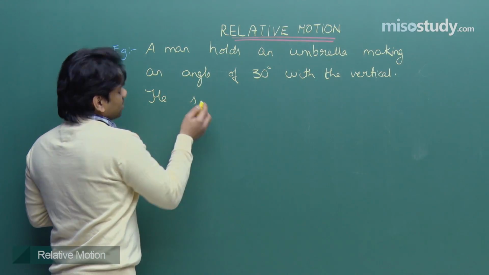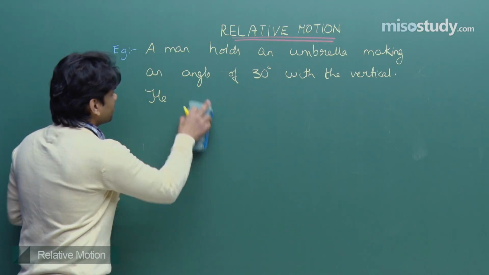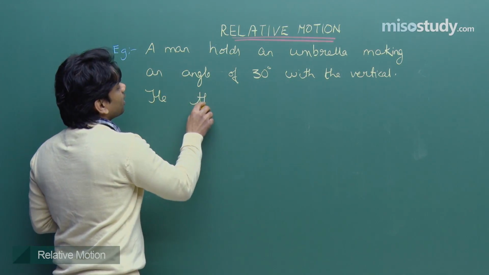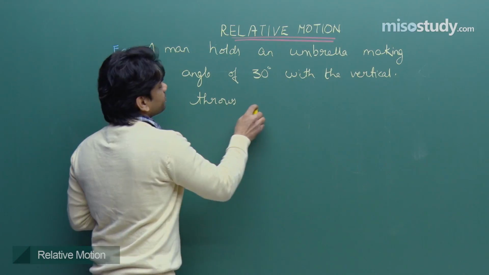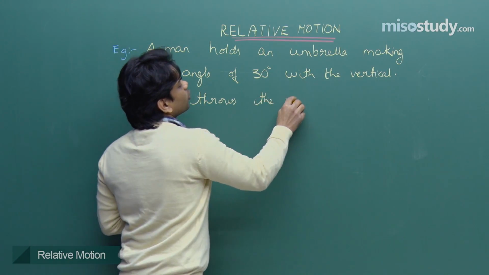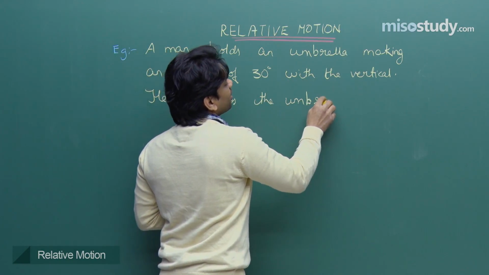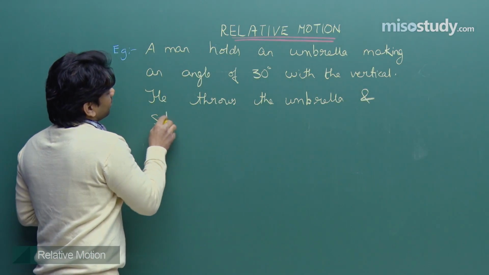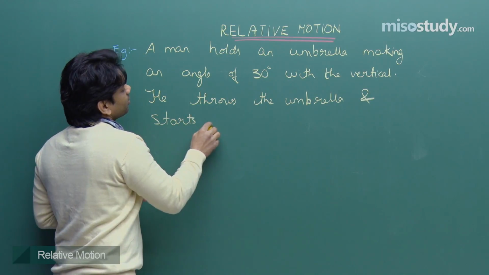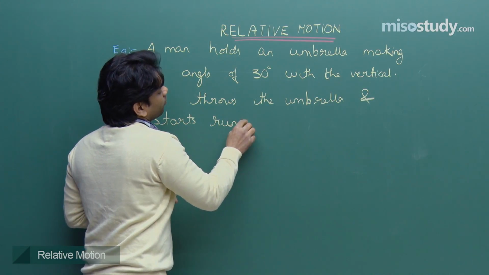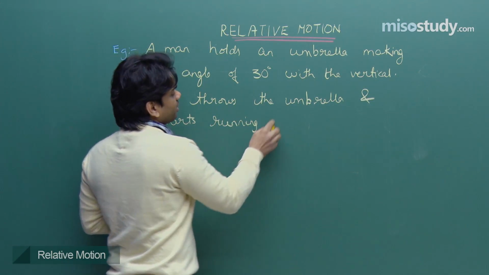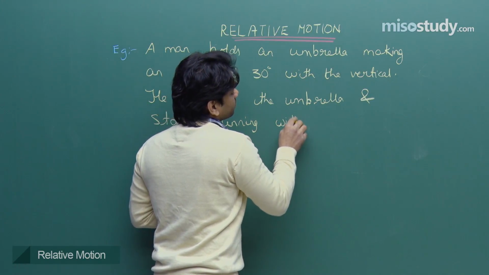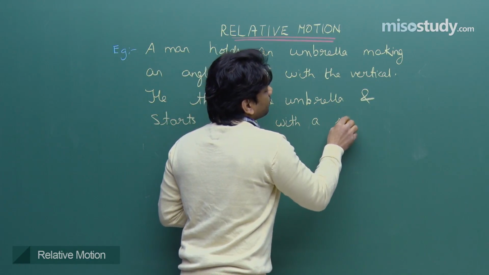He throws the umbrella and starts running with a speed of 10 km per hour.